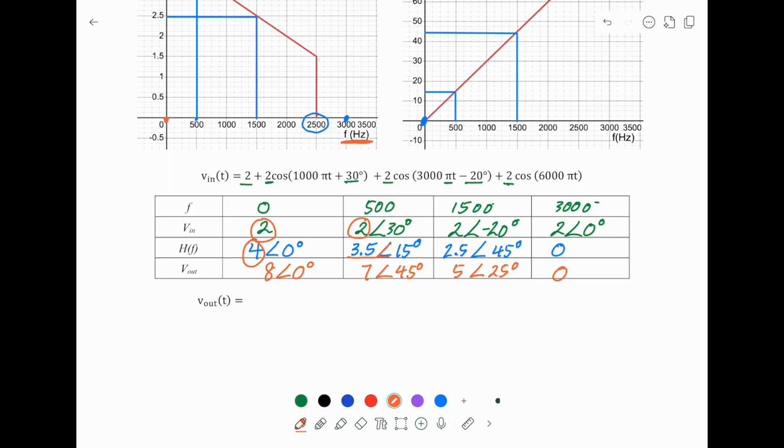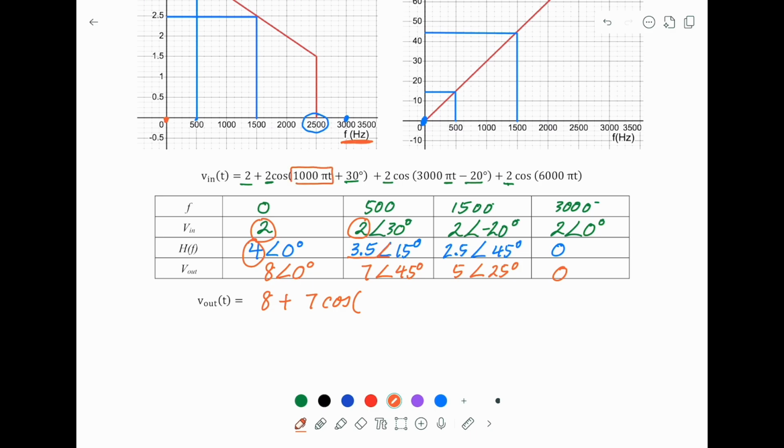So now you can rewrite this one as the first term becomes 8, and the second term, which is 500 Hertz, the amplitude is 7 cosine. Now you have to write here this term.